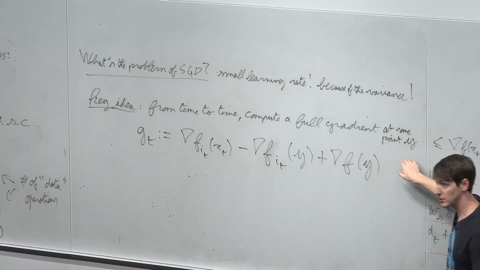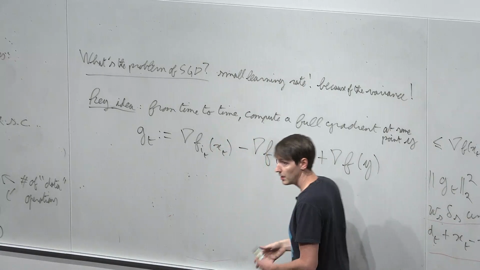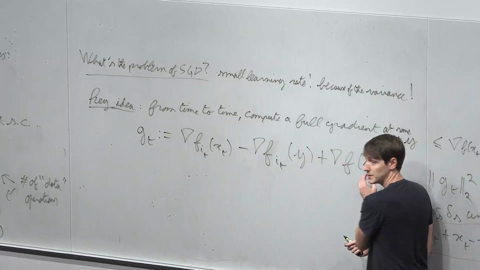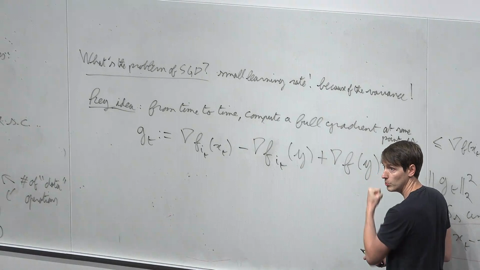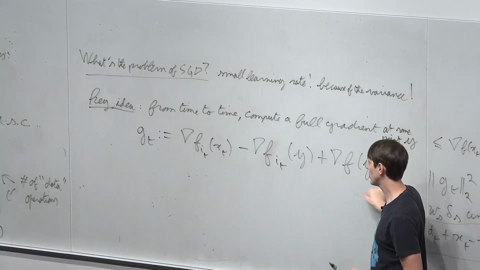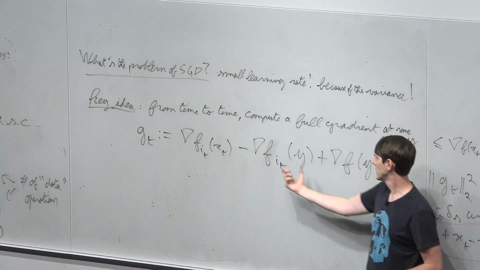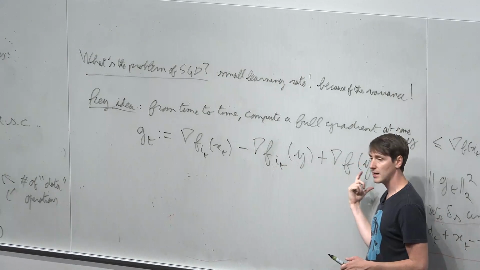So my stochastic gradient, I take a random example, I compute the gradient there, but I use my centering sequence. I have some point y, which is going to move much more slowly than x_t. And when y moves, I recompute the full gradient. Now, notice in expectation, this is correct, because the expectation of this guy is exactly grad f of y.